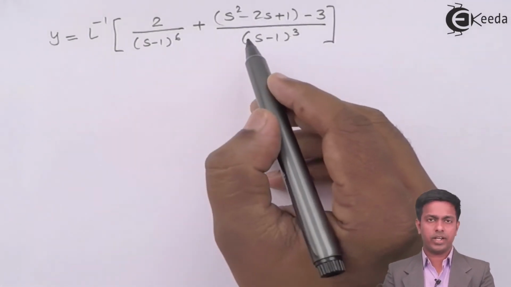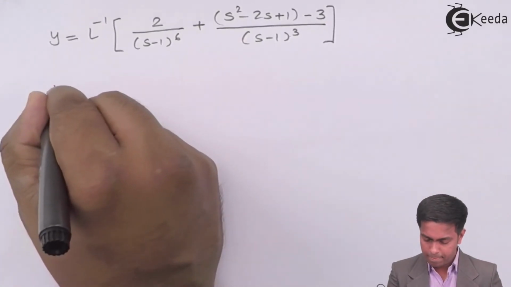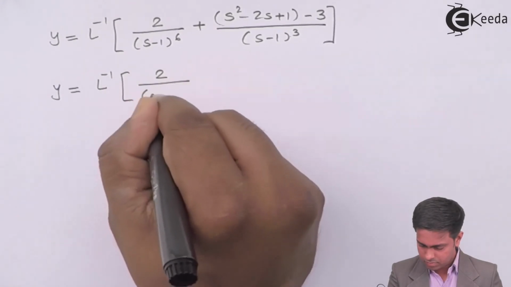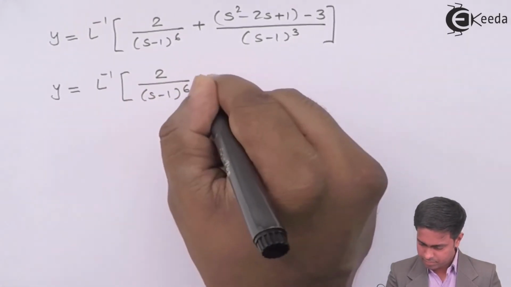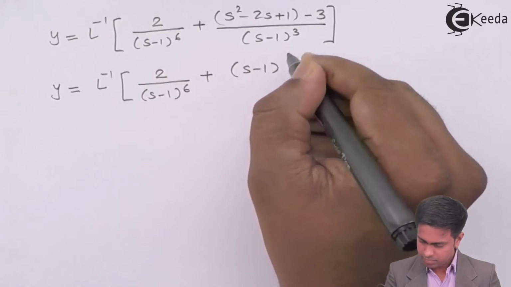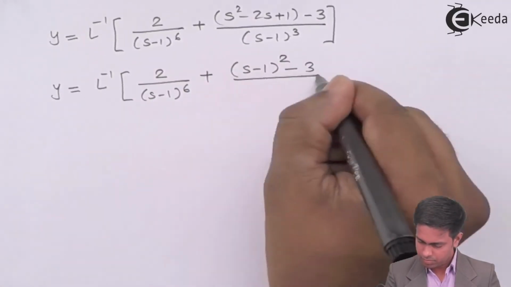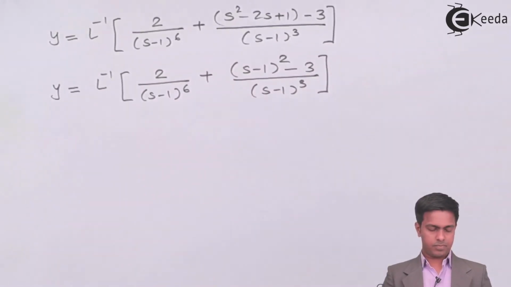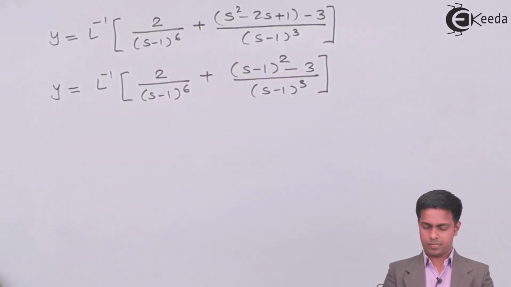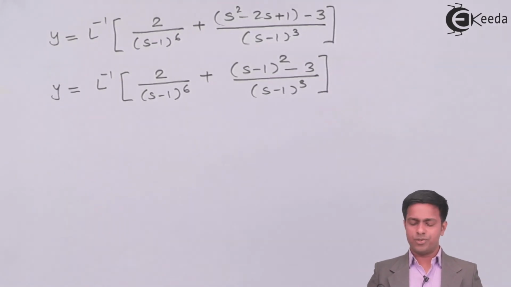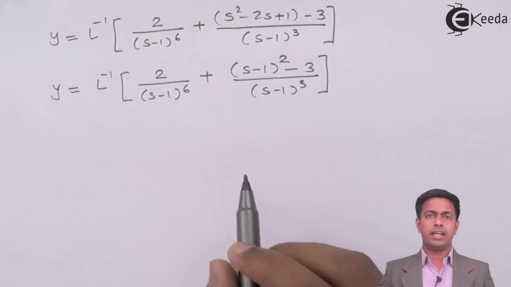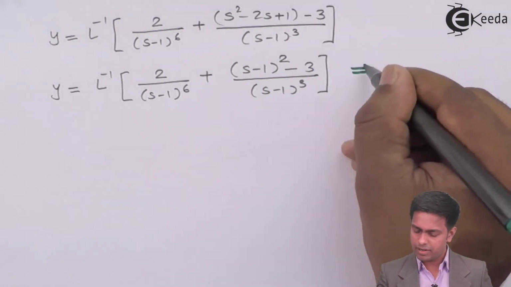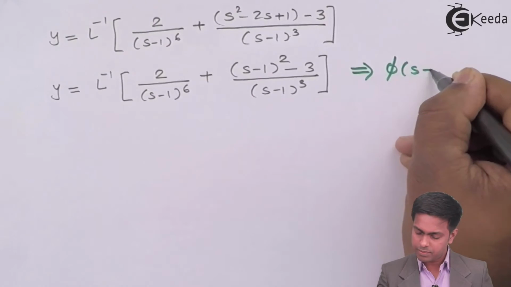So here I'll write down that term. And now guys, if you see this function, then it has got converted into function of s minus 1. So here I'll write down this has become function of s minus 1.